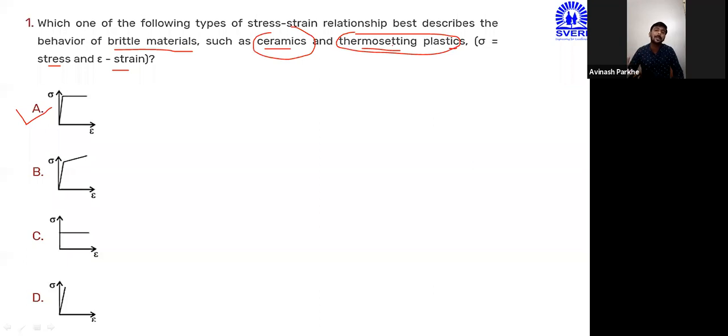There is no elastic limit, no upper yield point, no lower yield point, because directly this material will break. The stress strain diagram for the ductile material and for the brittle material we have discussed in the theoretical points in the previous 2-3 lectures.